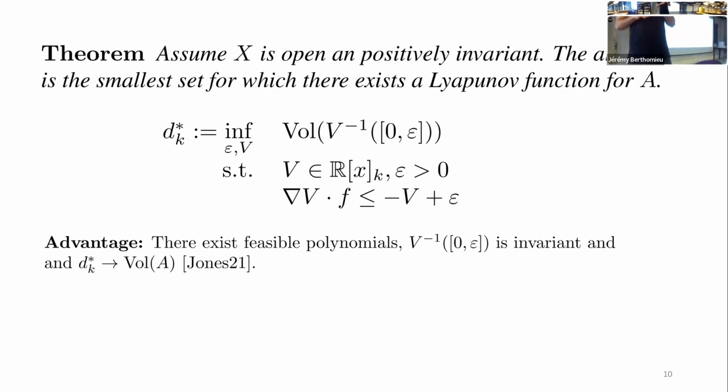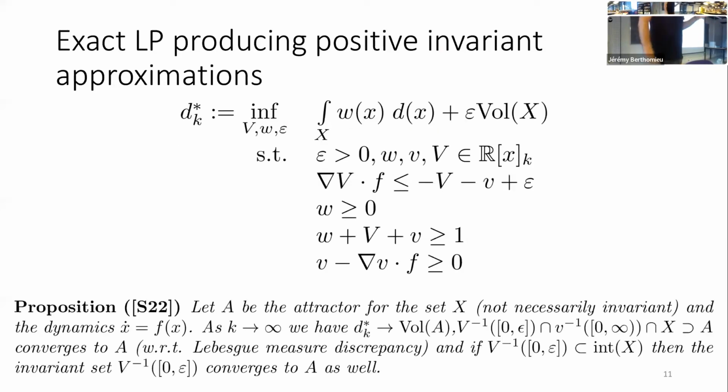But what still was the case is that I need to evaluate this cost function here. I've taken the volume of a sublevel set, and this is difficult to do. This is non-convex, and therefore this problem is not easy to solve. But what we've done then is using a bit of techniques from the linear programming problem that I've presented before, namely, it's possible to linearize this by introducing some additional decision variables, and we arrive at this a bit longer problem.